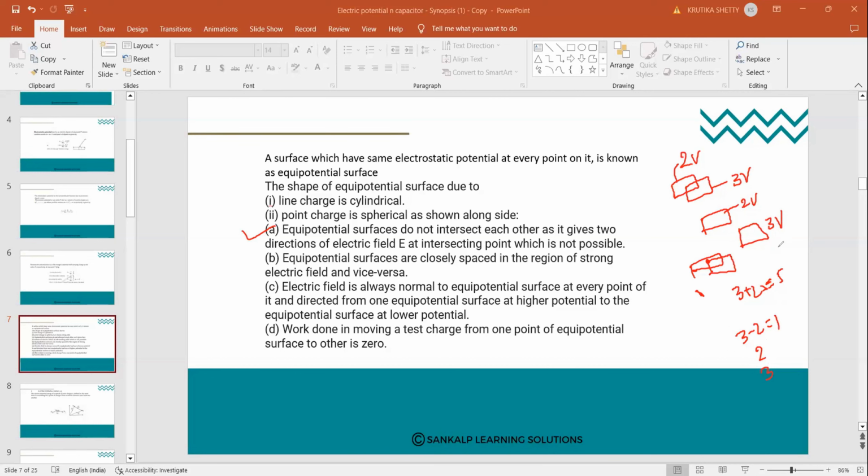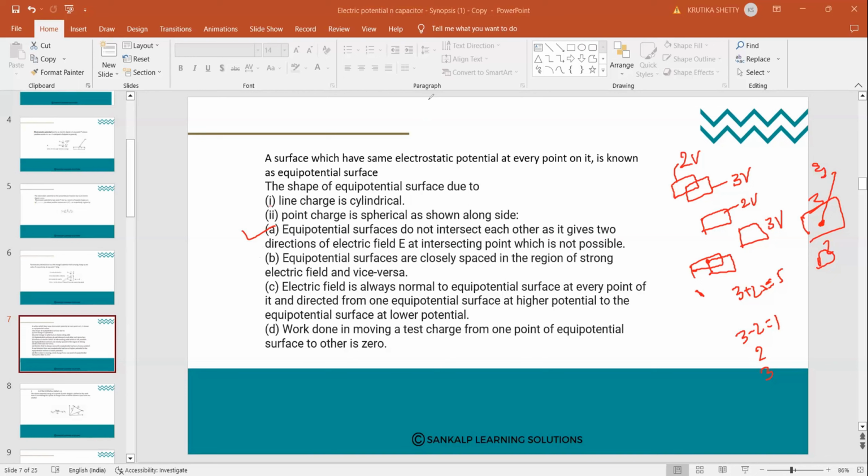If you say a value there, then it is not an equipotential surface. For an equipotential surface, one surface must have only the value 3 and the other only 2. So at one point we cannot say it is 5. If you say 5 or 1, it will not be an equipotential surface. So therefore never do two equipotential surfaces intersect with each other.